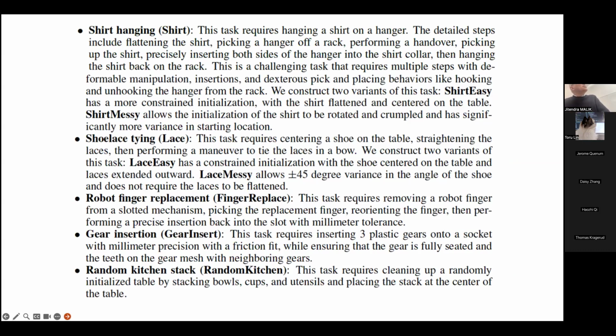They have two versions, shirt easy and shirt messy, where basically the shirt is pressed, put in a clean configuration first or in a messy configuration. Shoelace tying. Again, they have lace easy, lace messy, robot finger replacement, gear insertion, random kitchen stack. I think we'll watch a movie later, so we'll see that.